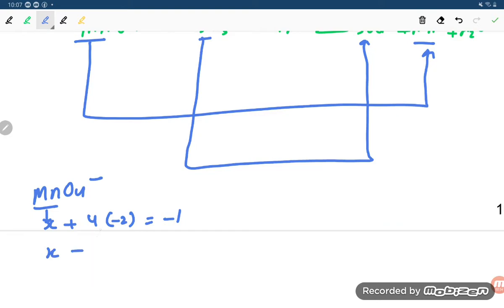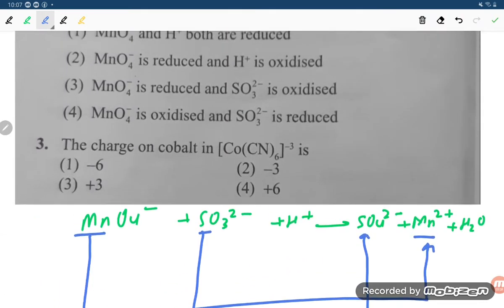So X minus 8 equals minus 1, so X equals minus 1 plus 8, which is plus 7. So here the oxidation number is plus 7.